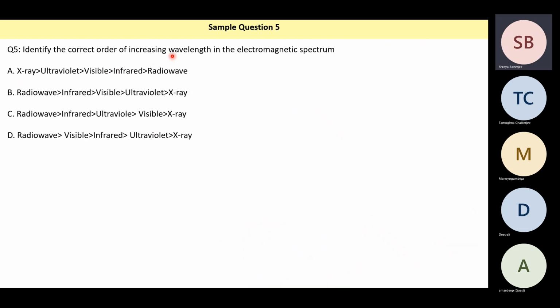Question 5 is: identify the correct order of increasing wavelength in the electromagnetic spectrum.